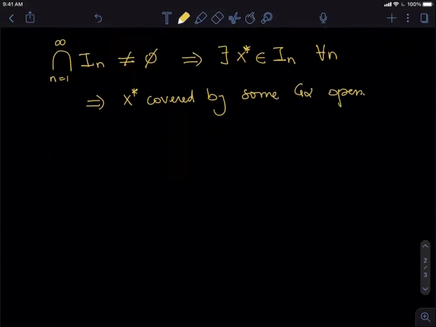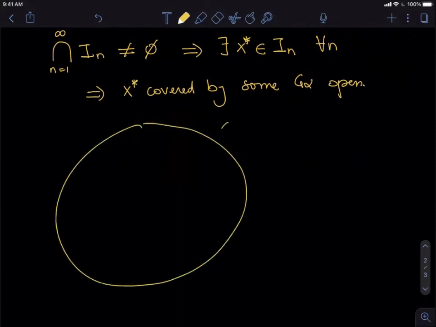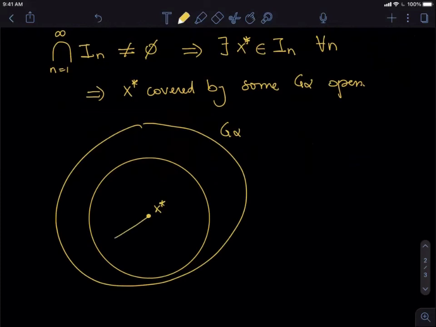And now let me show you the idea with a picture. So we have here our G alpha, and we have here our X star. And because G alpha is open, there exists some neighborhood of X star, that is a ball, because we are in 2D, that is completely contained in G alpha.